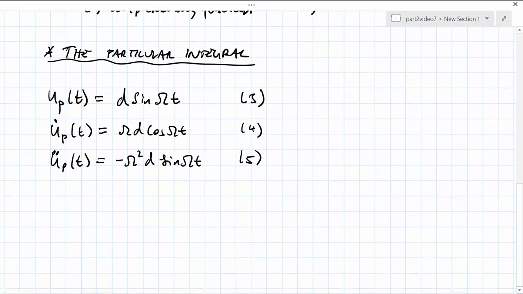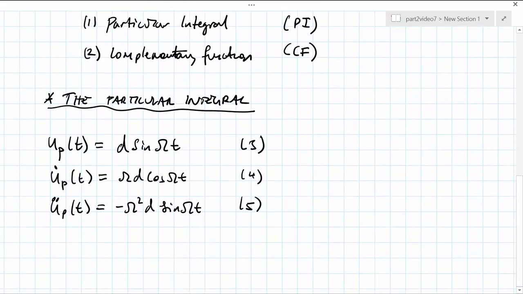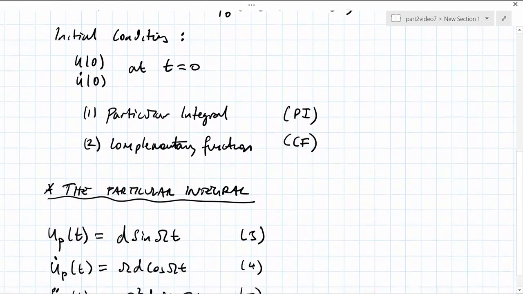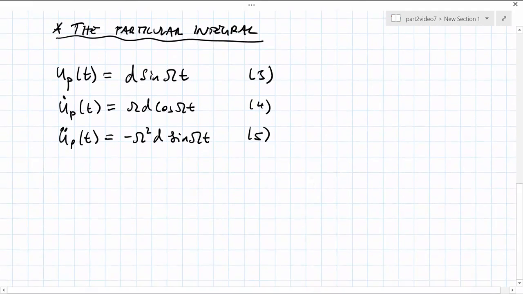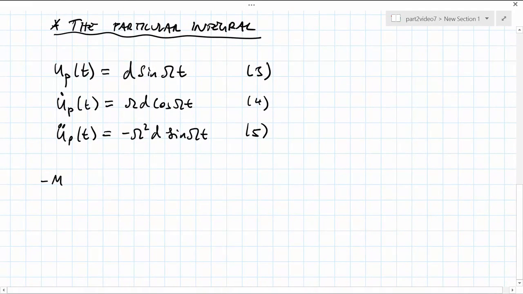If we then substitute 3, 4 and 5 into equation 2, we end up with minus m times capital omega squared D sine capital omega t plus k times D sine capital omega t, equal to P0 sine capital omega t.